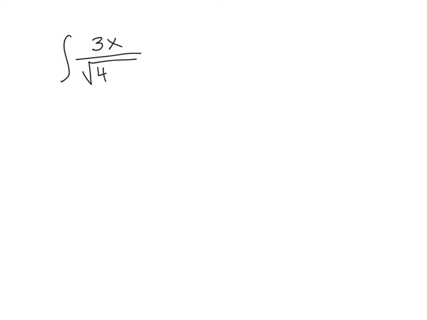Let's say 4 minus x squared, just to make it interesting here. So you see that what you have is a power rule. 4 minus x squared is on the bottom, so it's a negative power, and it's a root, so it's to the minus 1/2.